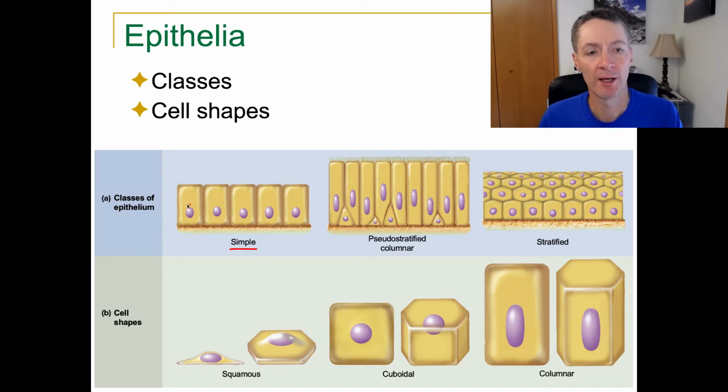That's simple, right? If I have one row of cells, I don't care what the cell shapes are. They could be looking like this, kind of block-like shapes. Remember, all of the shapes of these cells are because of the microfilaments and stuff we learned a while back. But the key about this class being simple is that it's one row.